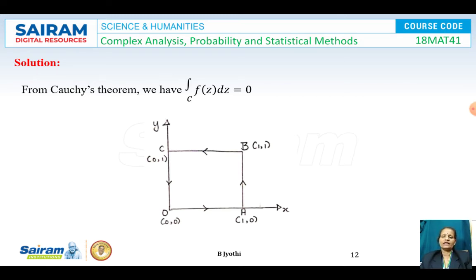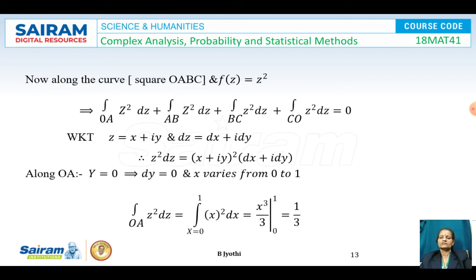And you know already how x is varying in the direction of O to A, A to B, etc. So now along the curve, that is square OABC, f of z is equal to z square.